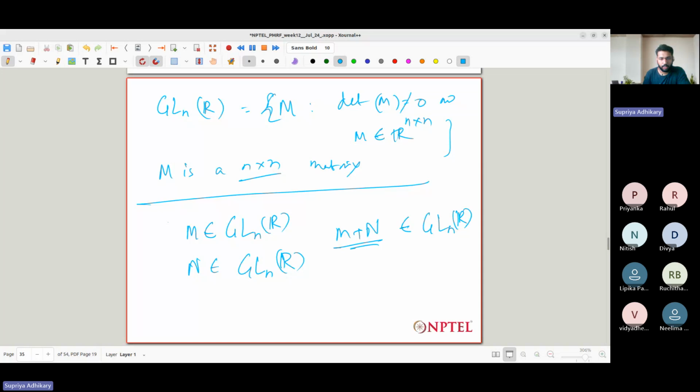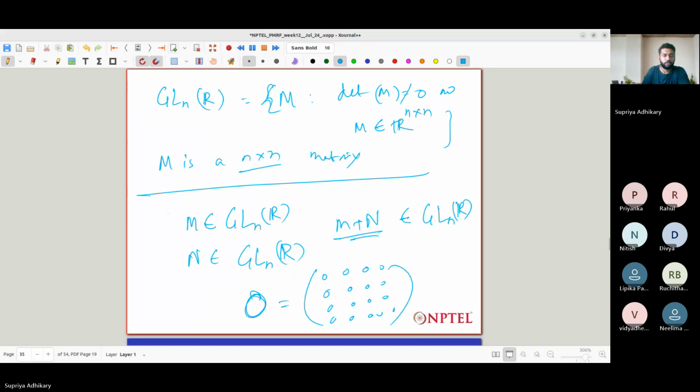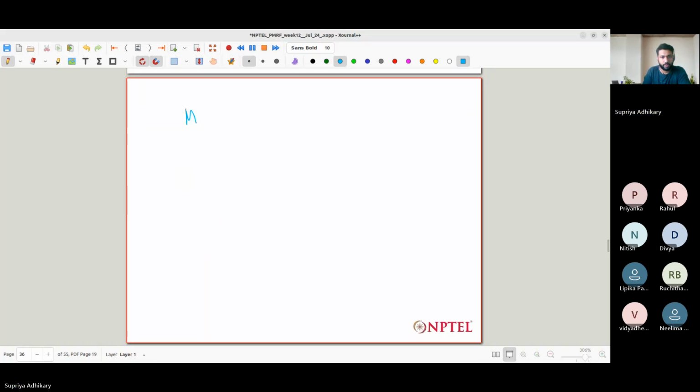In fact, you can consider all the n cross n entries to be 0. This is the identity element with respect to addition. M plus 0 gives us M, and 0 plus M also gives us M for all M.